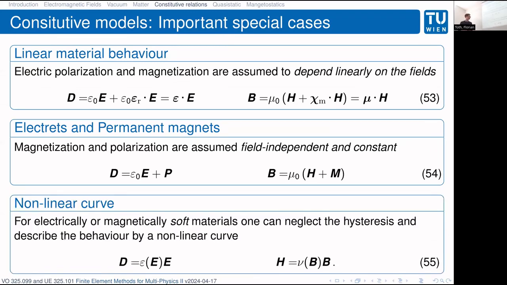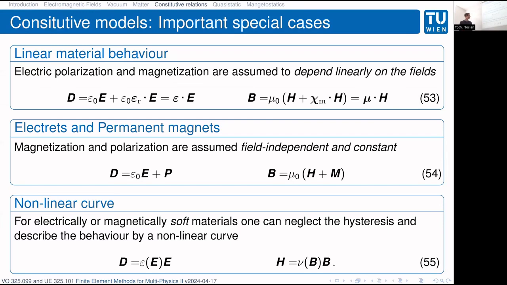And in the most general case, you can have, for example, a nonlinear curve for the D field. You can really write this in a nonlinear curve sense, but you should be aware that these curves need to satisfy the physically required large field slope. So the mu 0 and the epsilon 0 should, of course, be contained in this curve.